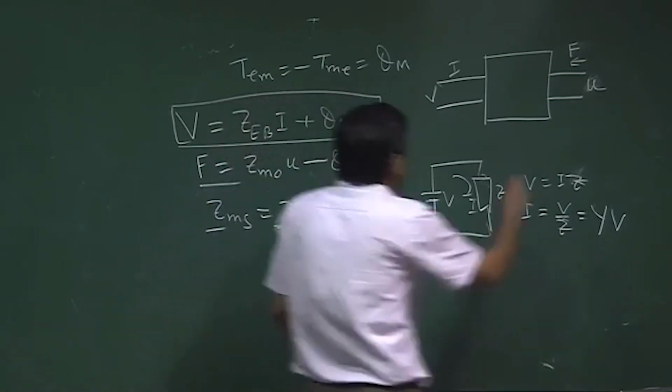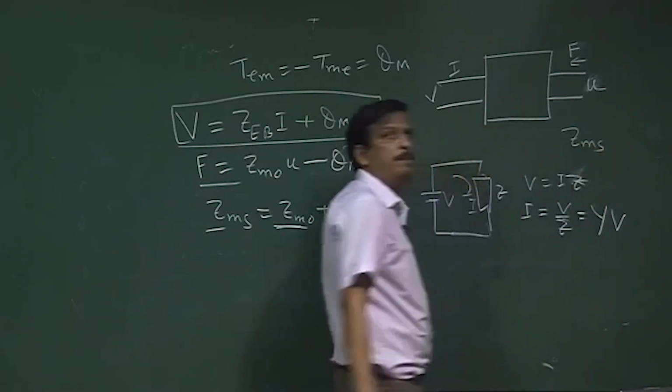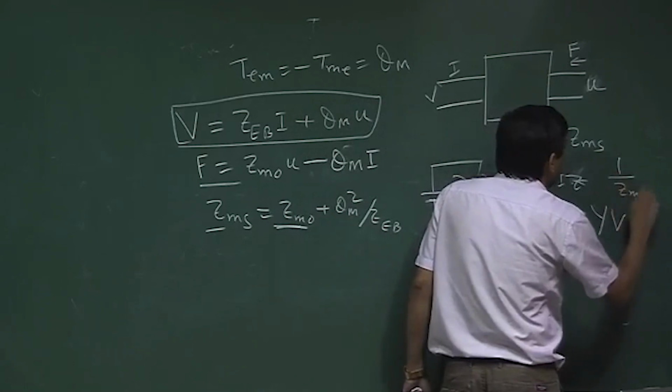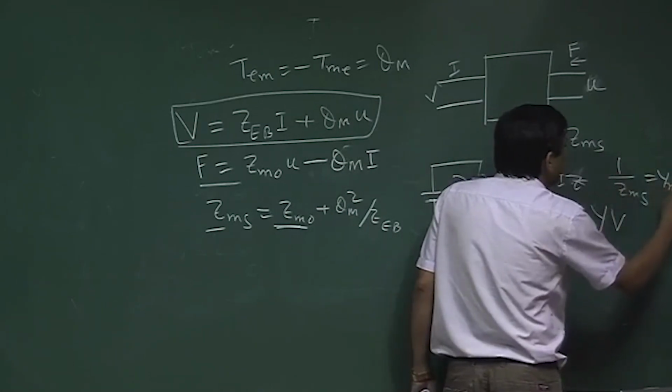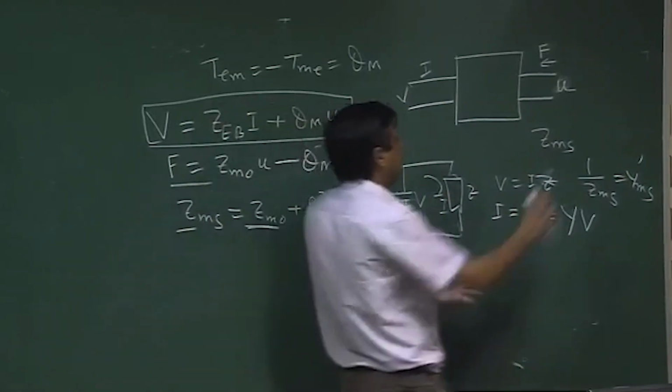Similarly, ZMS is mechanical impedance, and 1 by ZMS is nothing but YMS, which is the short circuit mechanical admittance.